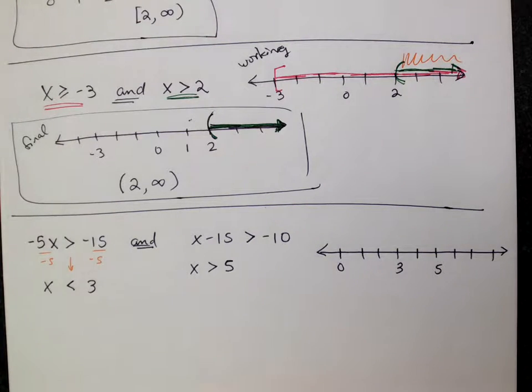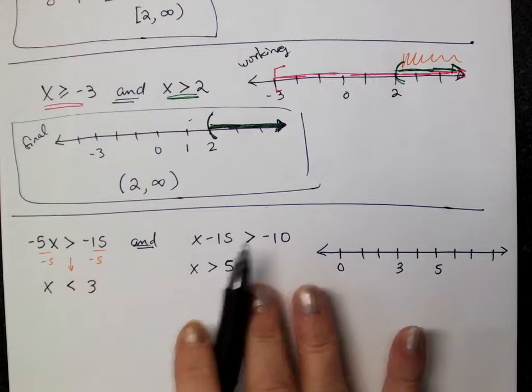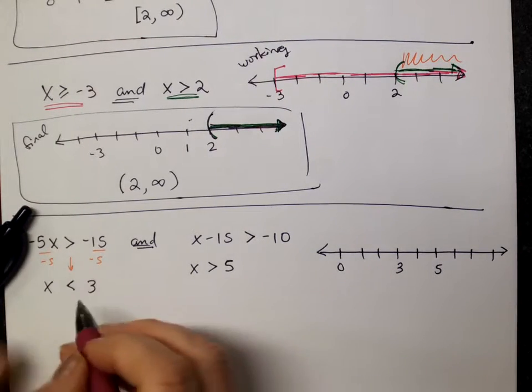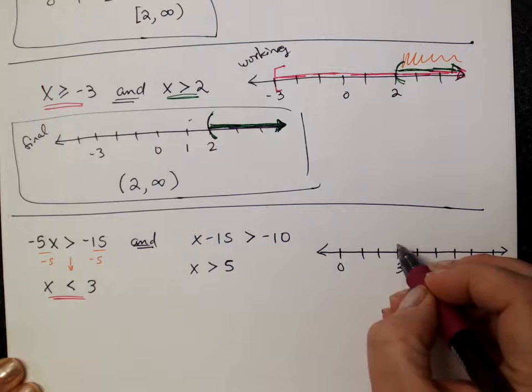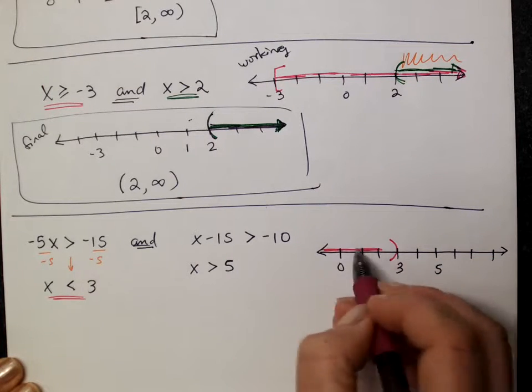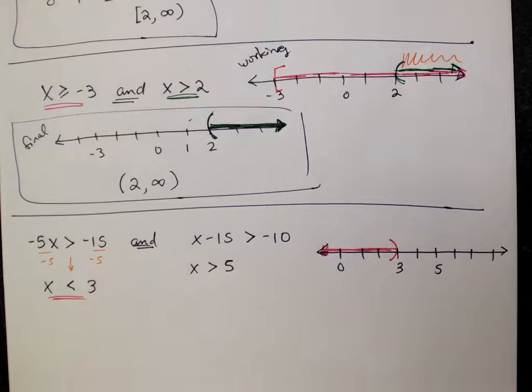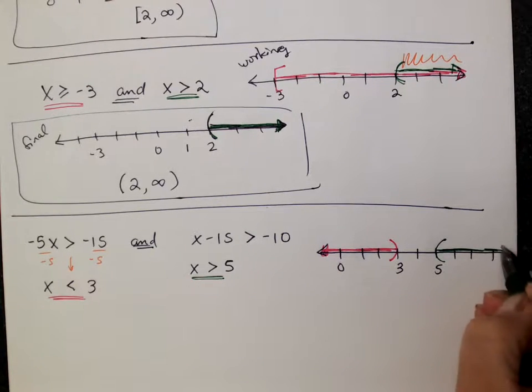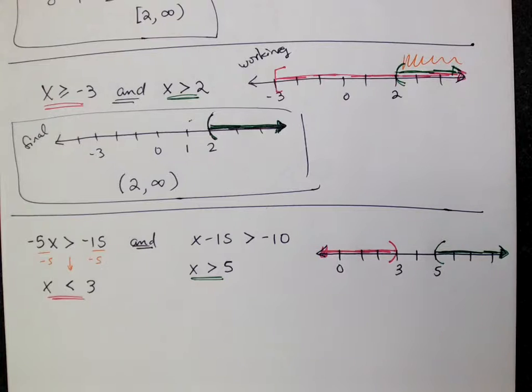Okay, so we've got those two individual solutions. We put them on individually on the same graph to see how they interact. And where do they overlap?